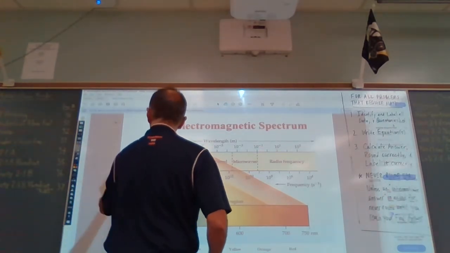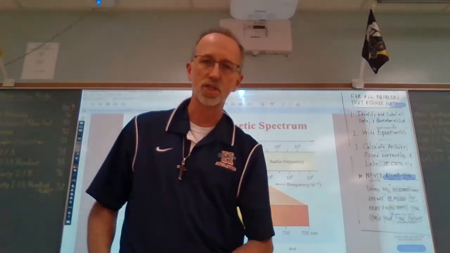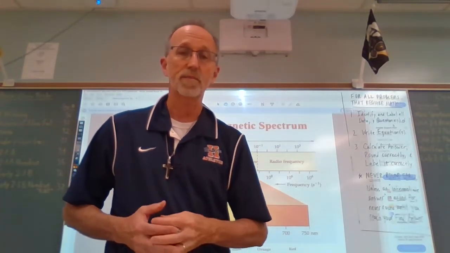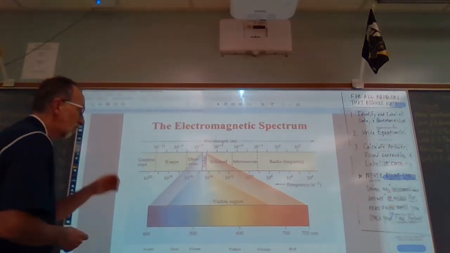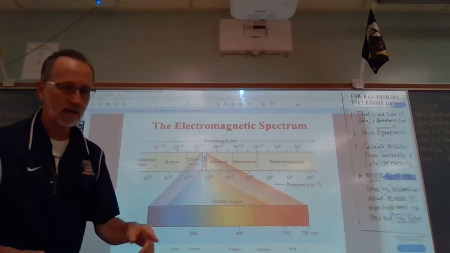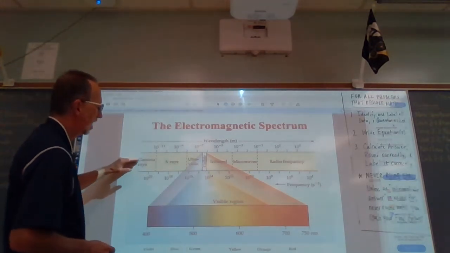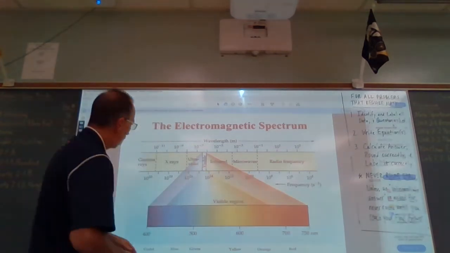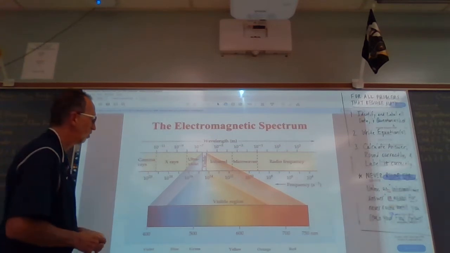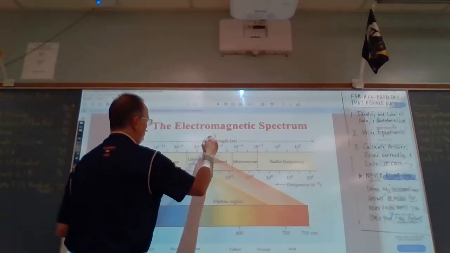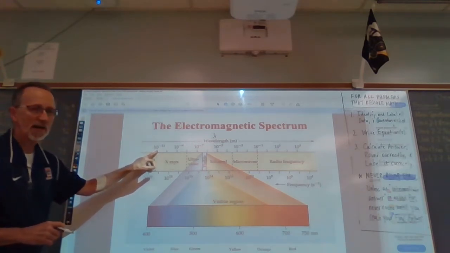So I just want to review with you what we talked about just now, and also a little review from back in Unit 2.2 when we were talking about nuclear radiation. Here we are showing the electromagnetic spectrum, only now we're showing it by increasing wavelength. So this is wavelength. Gamma rays, as you can see, have a very short wavelength, 10 to the minus 11 meters.